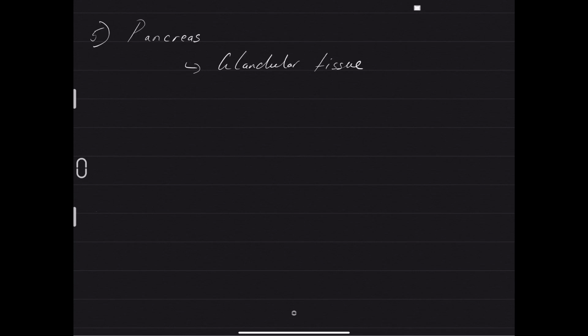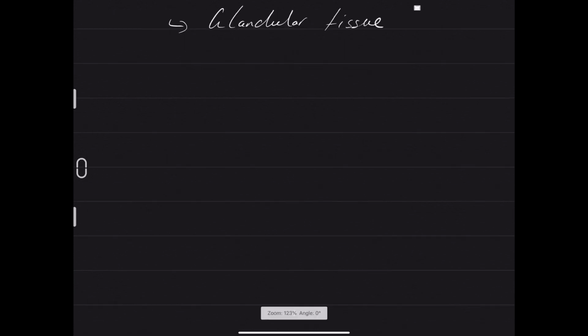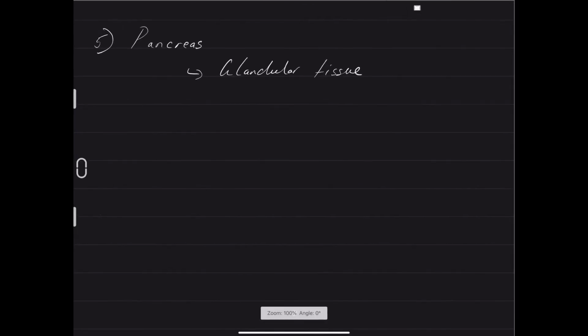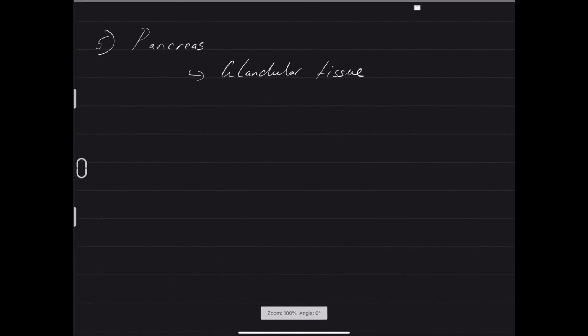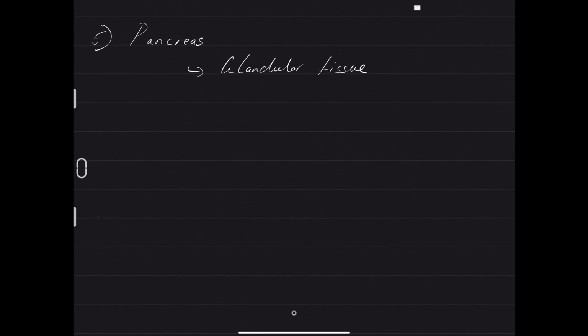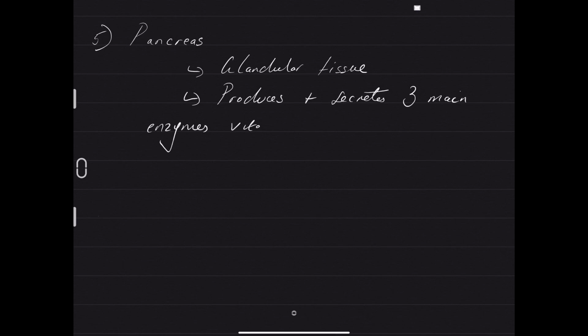So we've got glandular here. Can you put down: it produces and secretes three main enzymes vital for digestion.